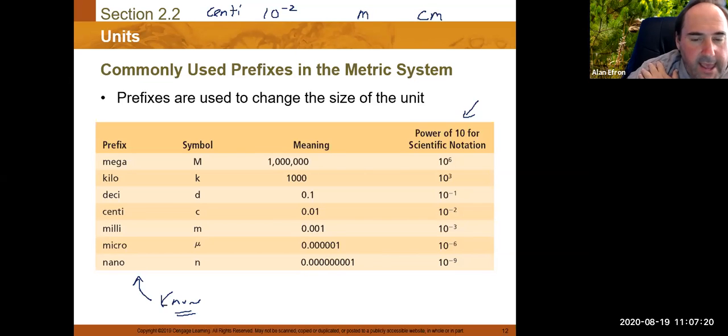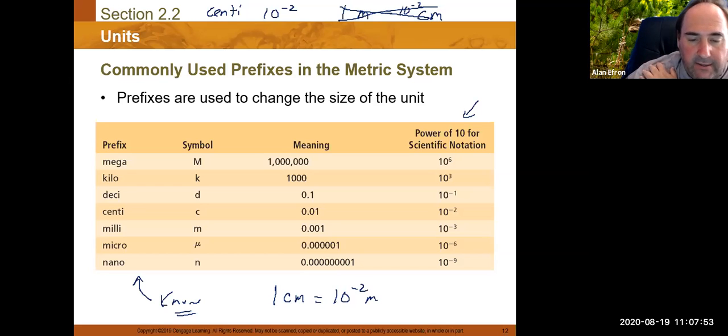A lot of times what people do when they come to this table is go, oh cool, centi is 10 to the minus 2, so that's 10 to the minus 2 centimeters in 1 meter. And that is not correct. It is actually the other way around. In one of the prefix unit, this is how much there are in the base unit. So it's very common people will get these sort of backward.